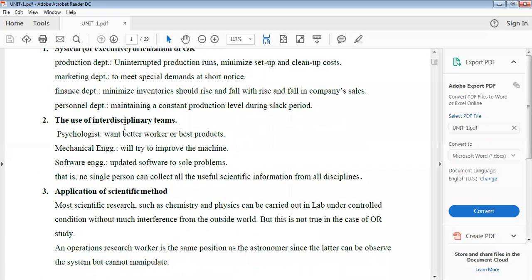The use of interdisciplinary teams: psychologists who want better workers or best products, mechanical engineering, software engineering, all these things.